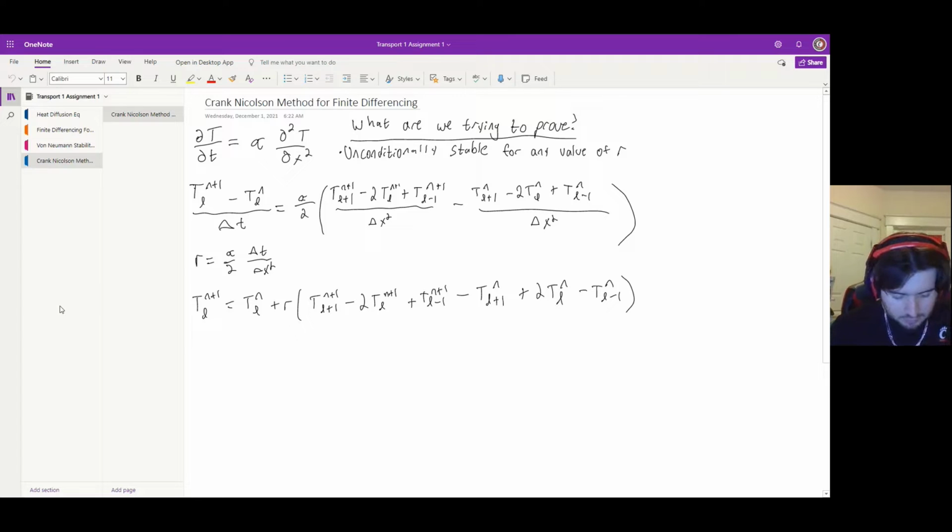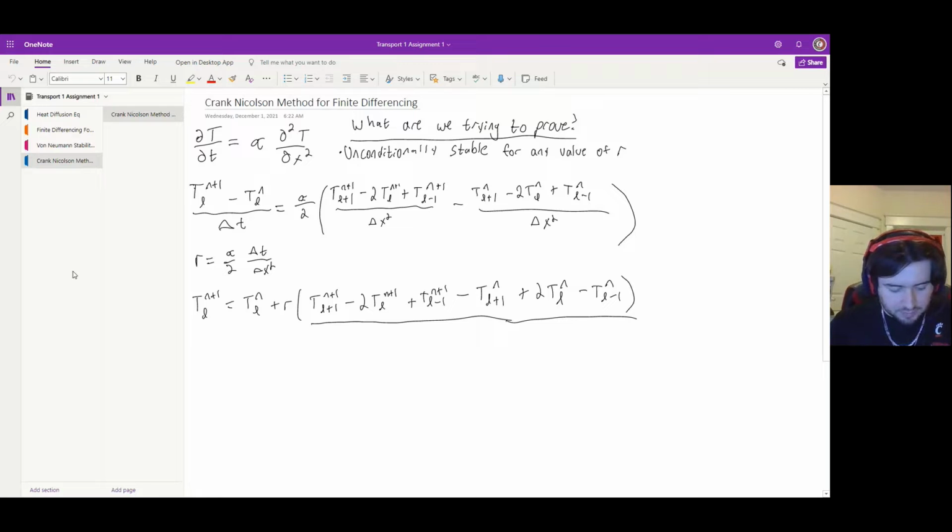All right, so that is our equation rewritten with r substituted in for alpha over 2 times delta t over delta x squared. So now what we can do is move these terms over to the left-hand side to simplify it down a little bit.